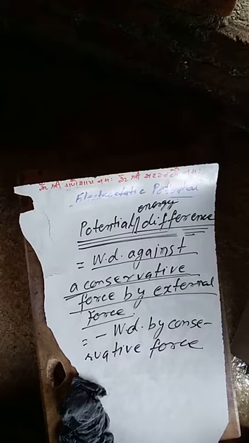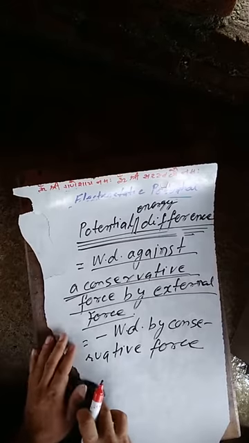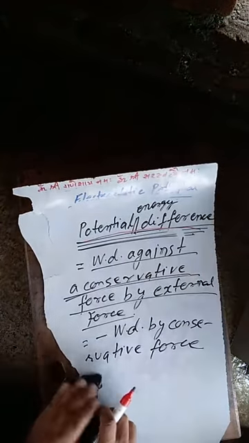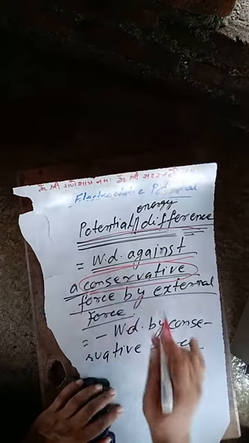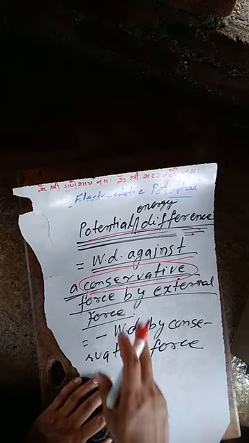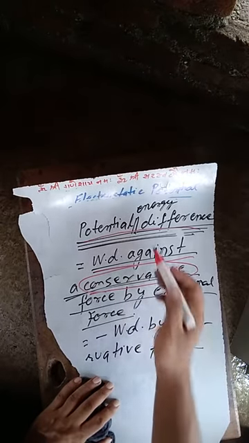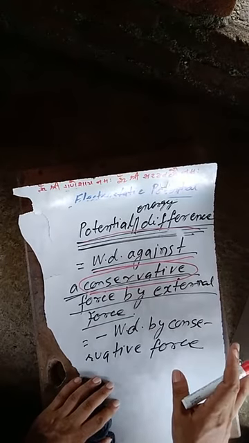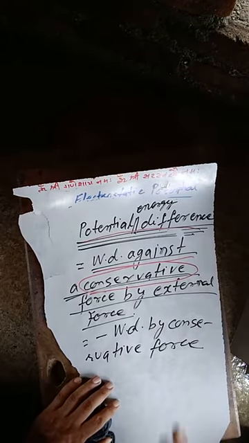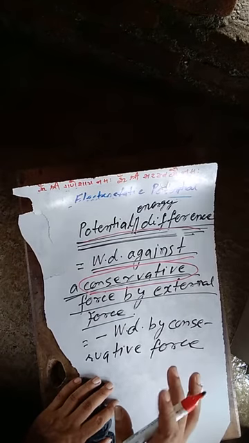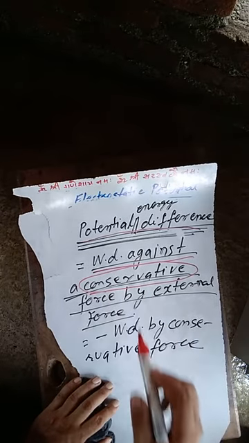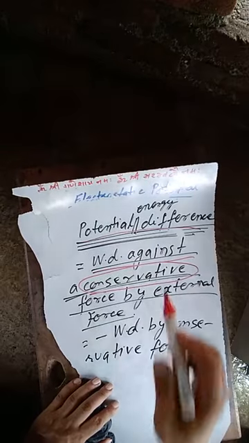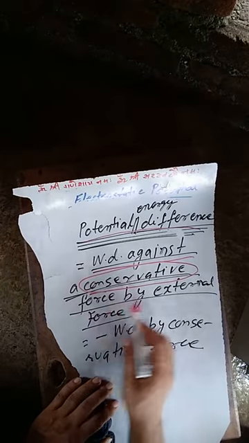So potential difference is actually work done against a conservative force. The most important thing here is the conservative force. If there is no conservative force, we cannot have potential energy difference. The potential energy of the system will remain as it is, because the potential energy difference is actually work done against a conservative force.